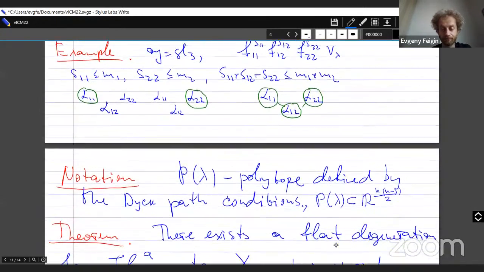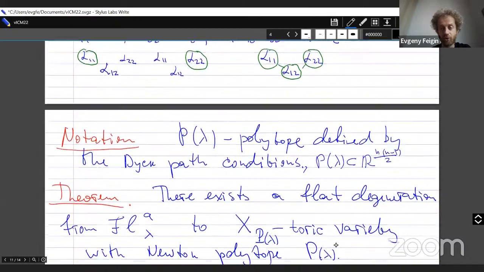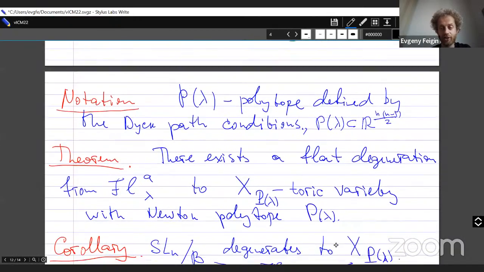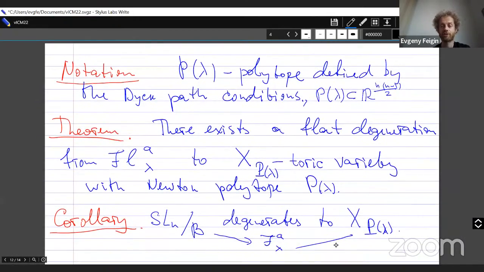And we take the same conditions. The conditions are labeled by Dyck paths, and so our polytope is defined as a subset inside R to the n times n minus 1 over 2.